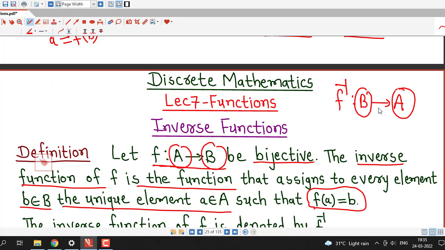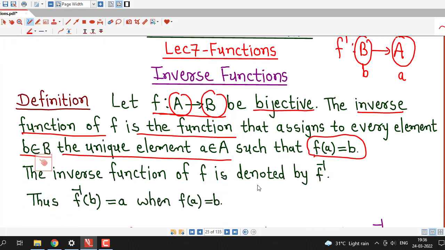F inverse is a function from B to A if for every element in set B there is a unique element from set A such that f of A equal to B. The inverse function of f is denoted by f to the power minus 1, and we will read this as f inverse.